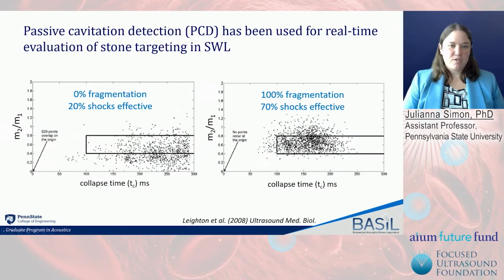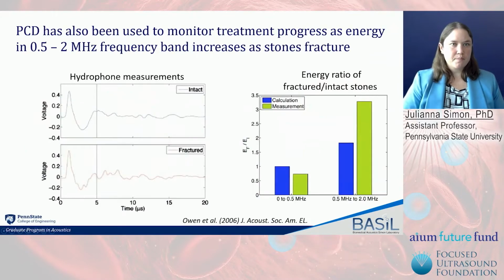When we have more of those dots from each of the successive shocks, we get better fragmentation. So the image on the right shows we have a lot more shocks, about 70% of the shocks within this black box with 100% fragmentation, whereas the case on the left, only about 20% of the shocks are within the box and 0% fragmentation of the stone.